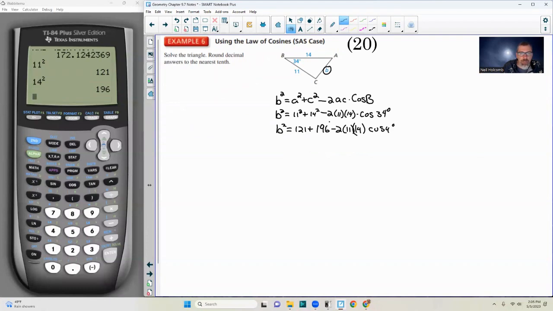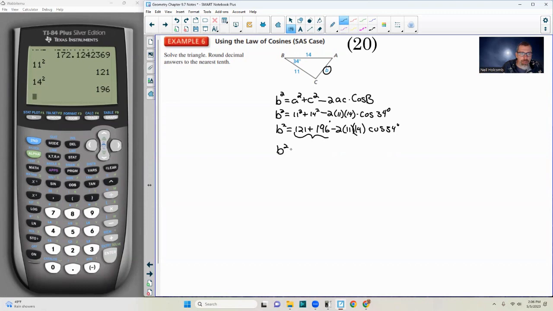Up until this point right here, I can simplify. But once I get to that minus sign, you have to do this multiplication and do it times the cosine of 34. So I'm going to combine these two.